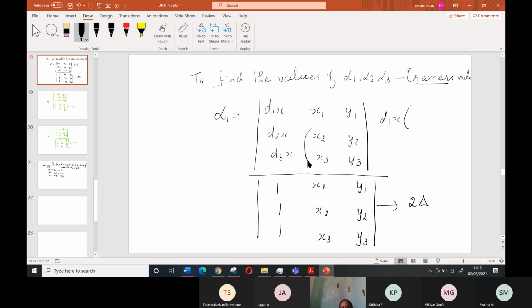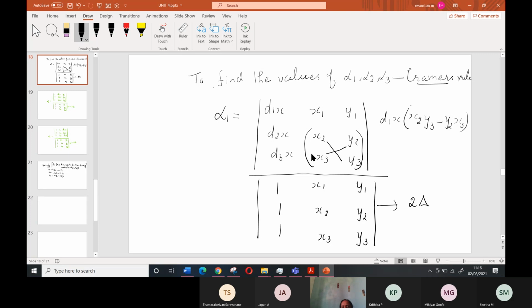this determinant I'll take, am I correct? You have studied how to find the determinant value, d1x into x2 y3 minus y2 x3. Am I correct? This I have to multiply and I have to put a minus sign.